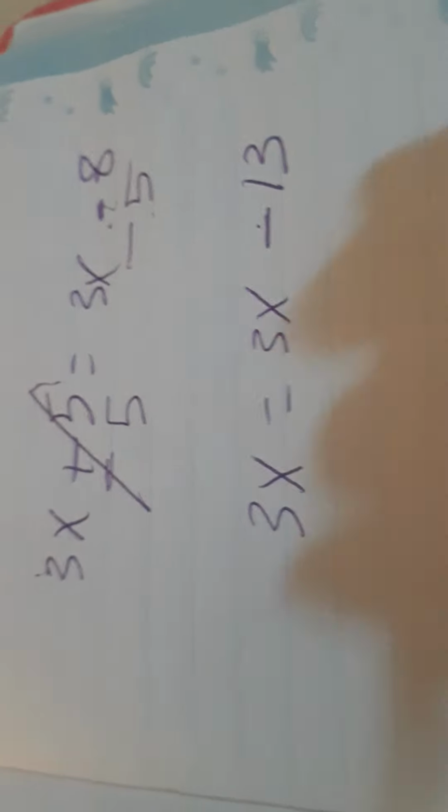Sometimes after solving, for example with this question, 3x plus 5 equals 3x minus 8, do minus 5. 3x equals 3x minus 8 minus 5; the same sign, we add them up. Miss, if there is no letter here, we divide by 3.